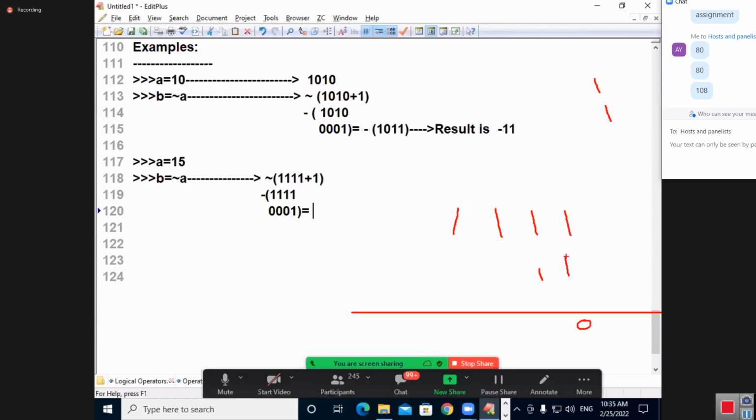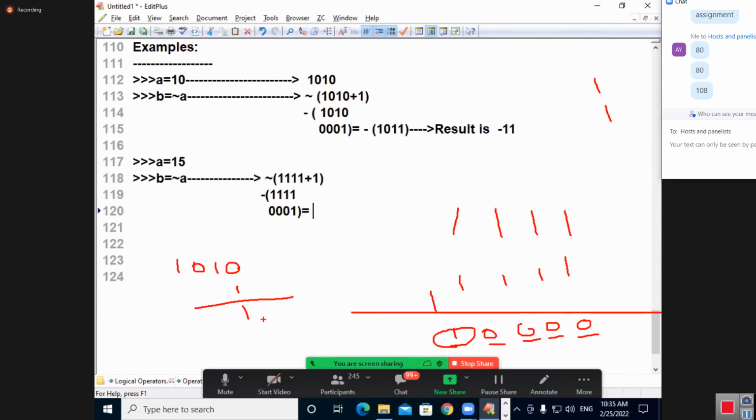And 1, 1 again, it is going to be 1, 0. And this is the answer: 2 to the power of 0, 2 to the power of 1, 2 to the power of 2, 2 to the power of 3, 2 to the power of 4. The answer is 16. And previously, for 1010, if you add this one, 0 and 1 is 1 only.